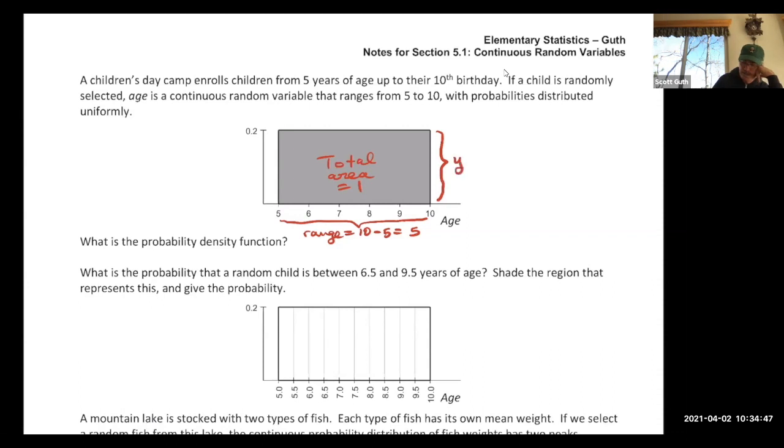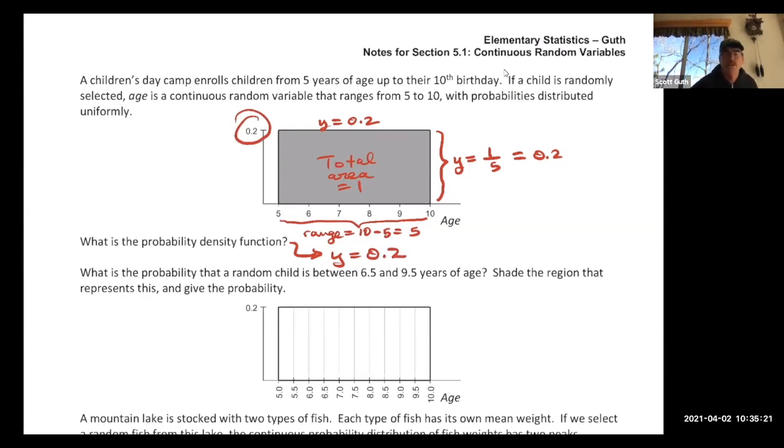So y equals what height? Well, that again is the reciprocal of the base, 1/5, and if you divide 1 by 5, you get 0.2. Or you could say 0.20 if that makes you feel better. So that is the curve on top. It's y equals 0.2. And that's called the probability density function. And that's why I have that marked here on the y-axis. Any questions there?